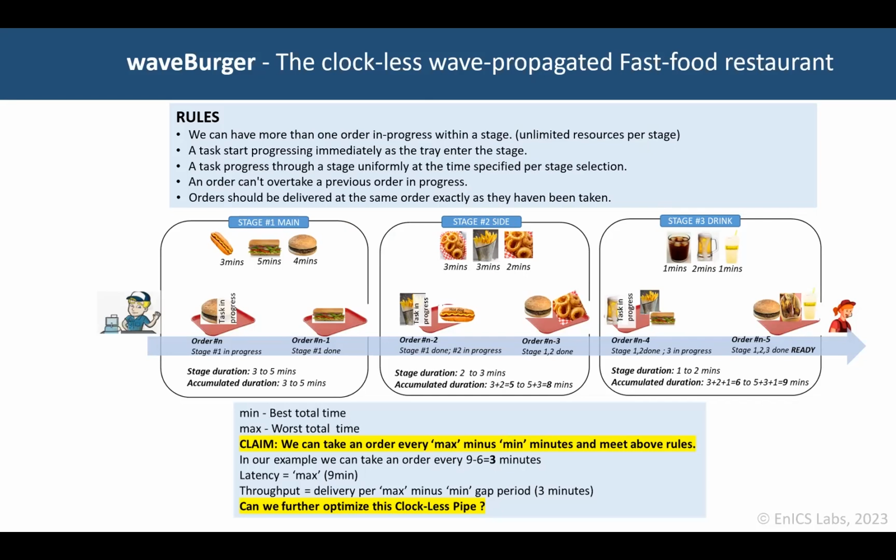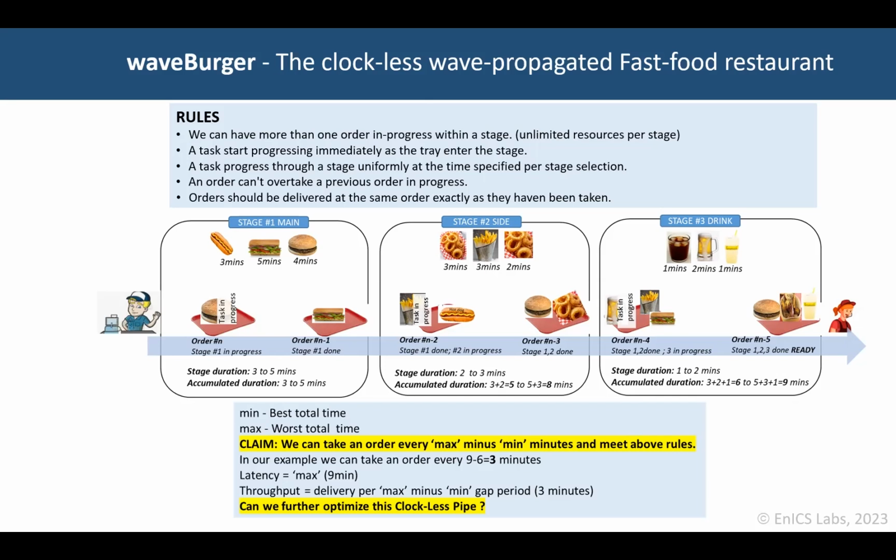Altogether, this will take, in the worst case, 9 minutes, and in the best case, 6 minutes. Our essential claim is that if this is the case, we can take an order every 3 minutes, because we will never face a situation where an order is overtaking a previous order. So everything is served in place.